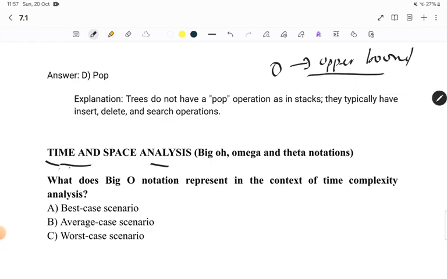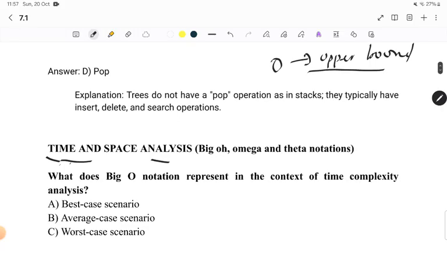For example, if you are using bubble sort to sort the numbers, what is the maximum time it is going to take? This is called your upper bound, and this upper bound is given by big O notation.